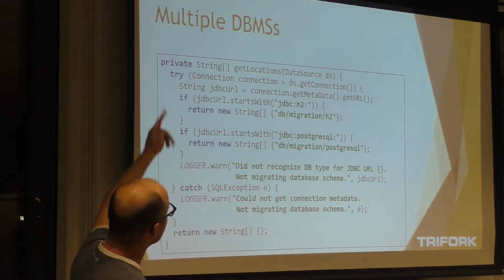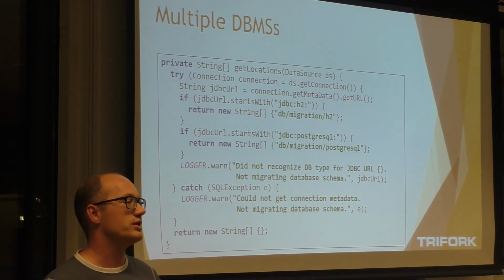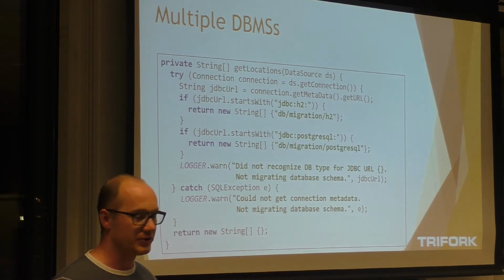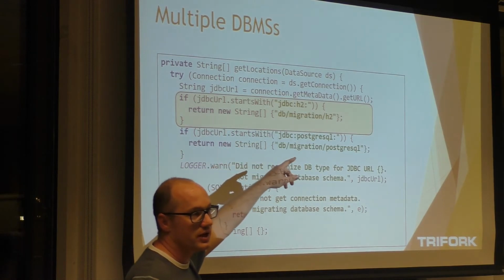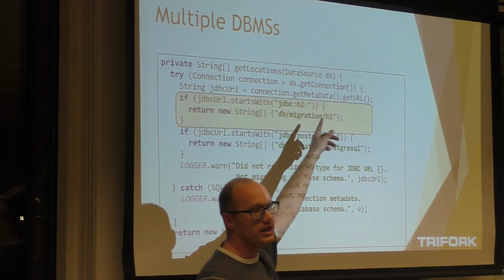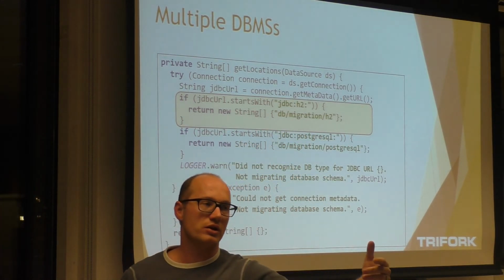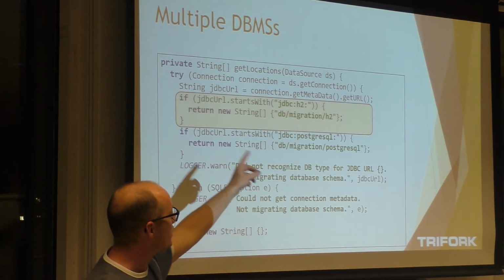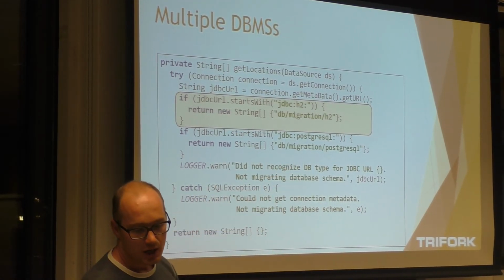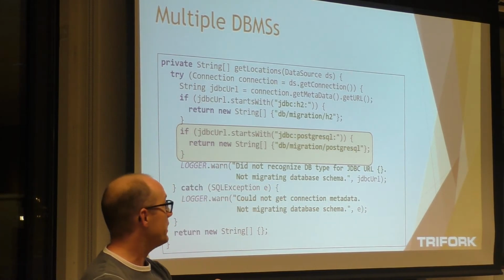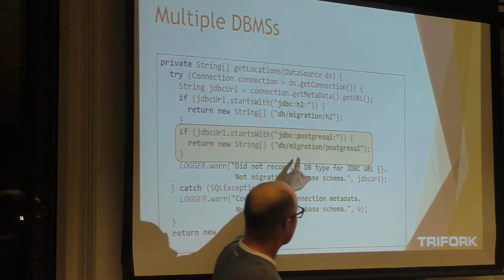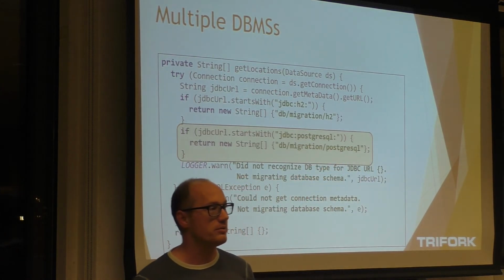What do we do in that getLocations here? Well, basically, we're going to use JDBC metadata to find out what database management system we are talking to. So without going over all the code, basically what you're seeing here is, if we're running against an H2 in-memory database, then we're going to read all of the migrations that are available in the H2 folder. However, if we are running against Postgres, an external database, then we will simply use the migrations that are available in the Postgres folder.